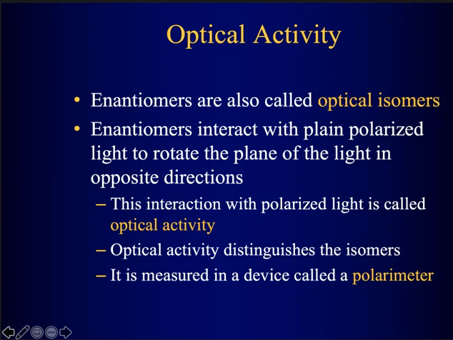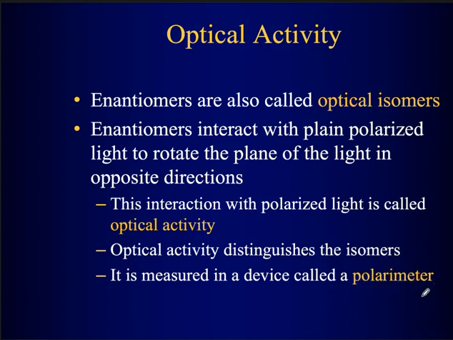If we take a beaker of our solution and shine some plane polarized light through it, one of the enantiomers will rotate the light, let's say 10 degrees to the left, and the other one will rotate it 10 degrees to the right. The degree is based on which enantiomer you're talking about, but they're going to be equal and opposite. One of them will move it a certain degree in a positive direction, and one of them in a negative direction. And this is distinguished using a polarimeter.